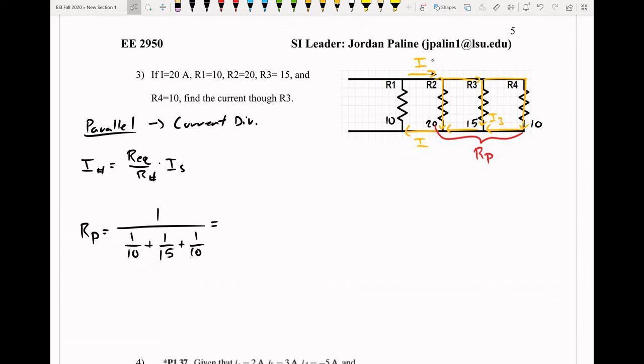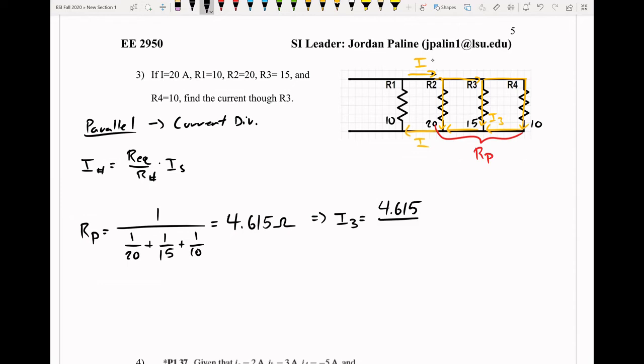And this is actually supposed to be 20. And this will give us 4.615 ohms.